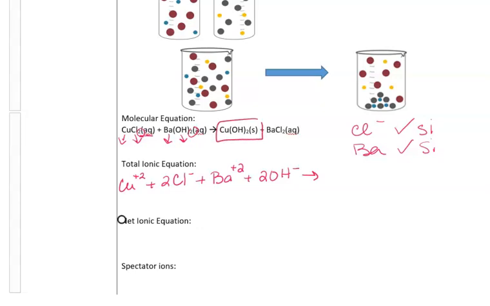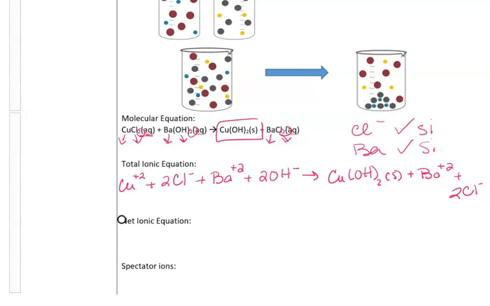Here's my solid, so I don't need to dissociate that one. Copper hydroxide does not dissociate, but barium chloride is aqueous, so it does. Barium is still a +2, and chlorine is still a -1, and this 2 behind it tells me I have 2 of them.